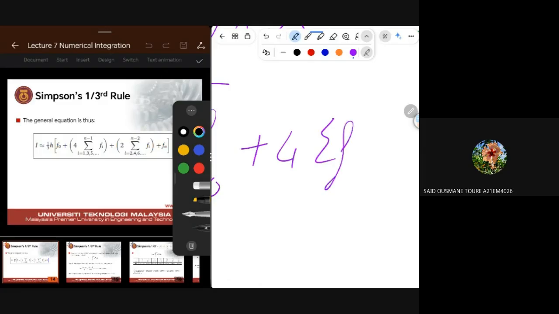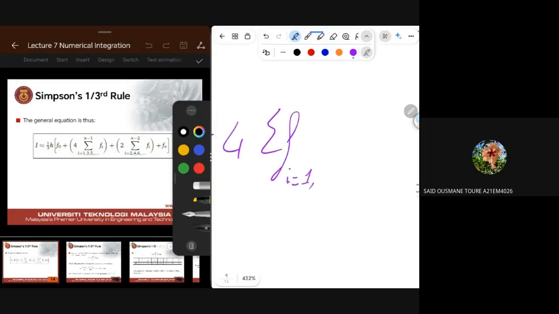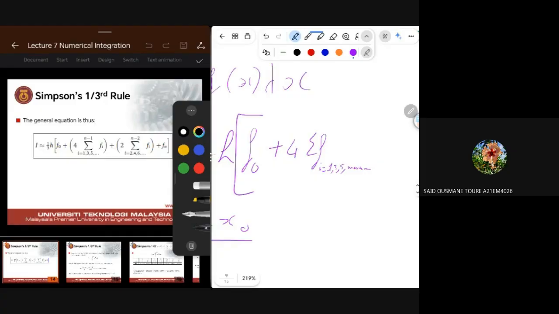Where the index i is equal to 1 or 3 or 5, the odd numbers. So for example, we'll have f1 plus f3 plus f5, and in our example it stops at f5, if you remember carefully.